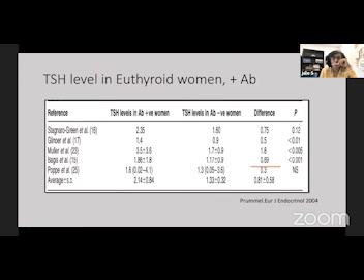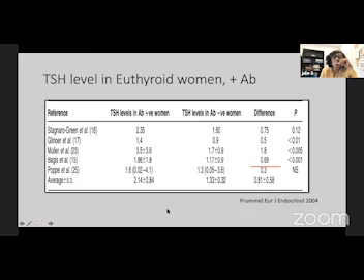So euthyroid women with peroxidase antibodies, as we saw, have a higher TSH level, and all of these studies have found similarly higher TSH levels in antibody positive women. The difference is about 0.8, a very small difference, but it is statistically significant between these two groups of women.